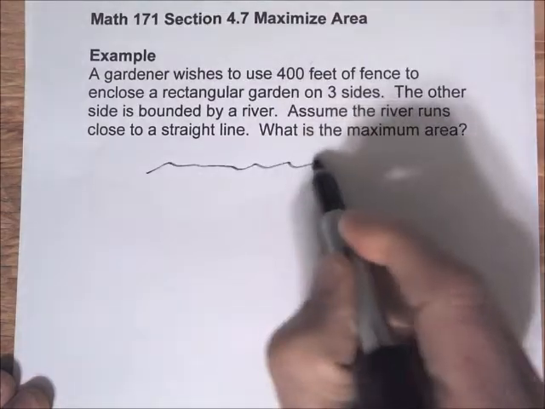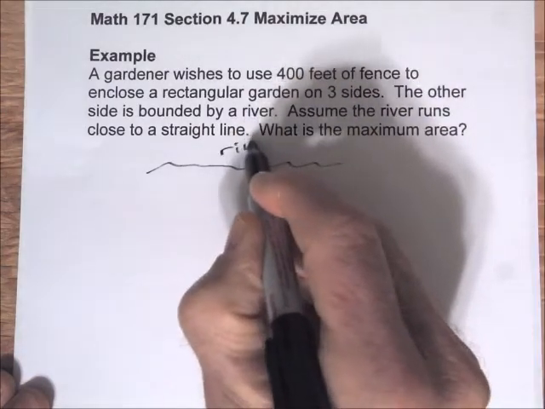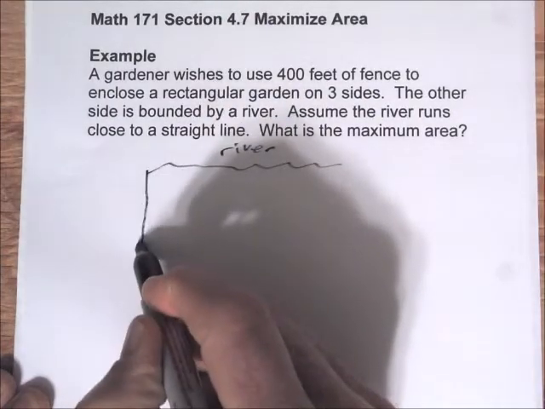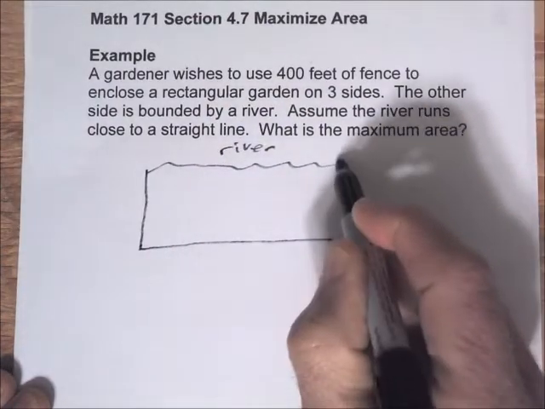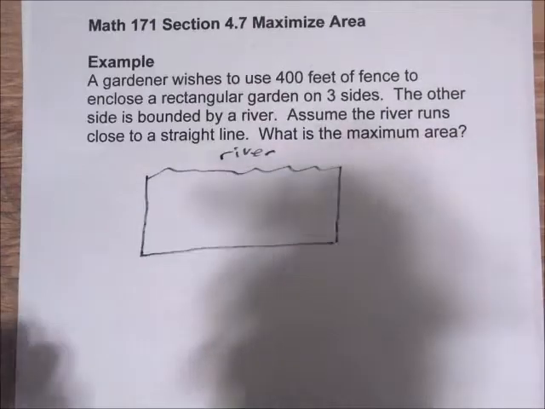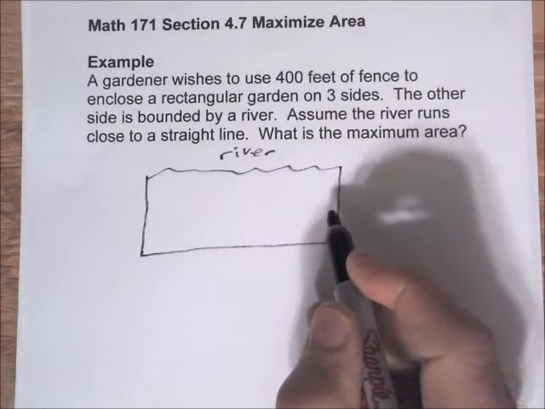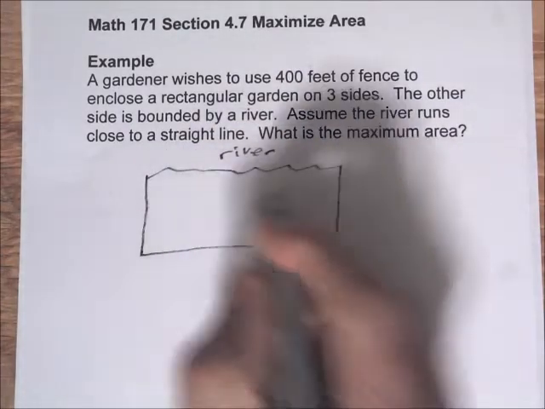So here we have the river up here, and we want a fence to enclose the rectangular area, and we want to know the maximum area, but it'll also help to know the dimensions here.